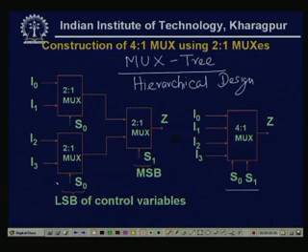In the first level, level 1, the control input is S0 for both 2 to 1 multiplexers. In the second level, level 2, S1 is fed. So these are the control variables, a 2 bit control variable.